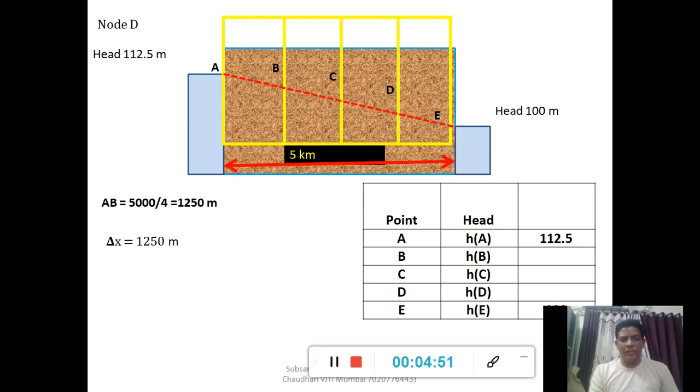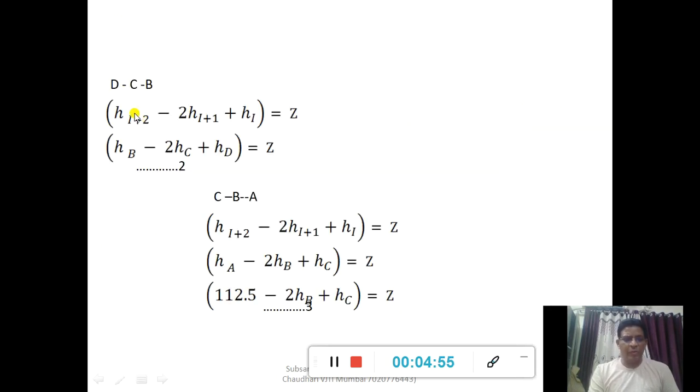Now let us continue. Next node, node D. For node D in a forward direction, the points are D, C, B. So i+2 is B, i+1 is C, and i is D. So our equation for node D: h of B minus 2 times h of C plus h of D equals z.